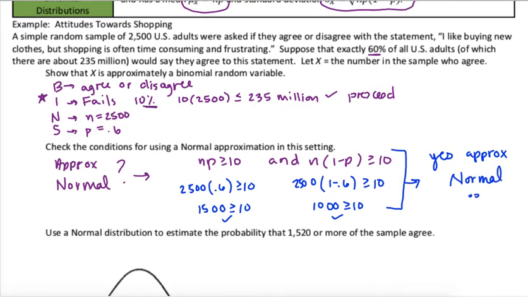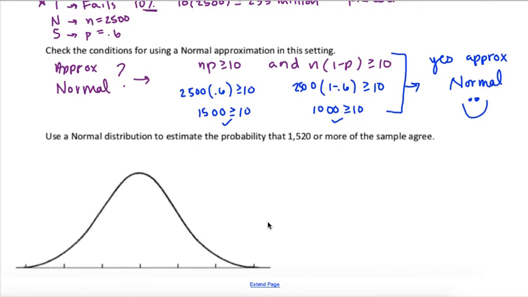Okay, this is an awesome thing. We have now taken something in a binomial setting, and now we've made it approximately normal because we've taken such a large sample. So now if we use the normal distribution to estimate the probability that 1,520 or more of the sample agree, well, now I have approximately normal. So I can say this is a normal distribution with an expected outcome of 1,500 and a standard deviation.